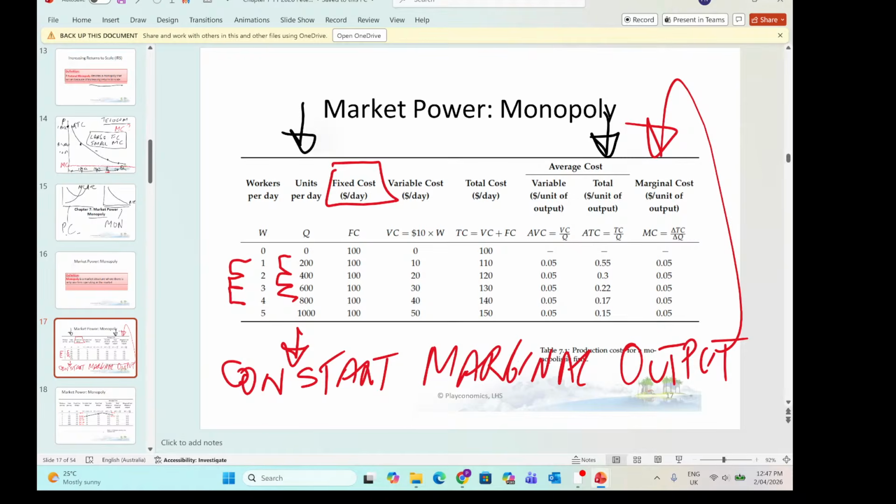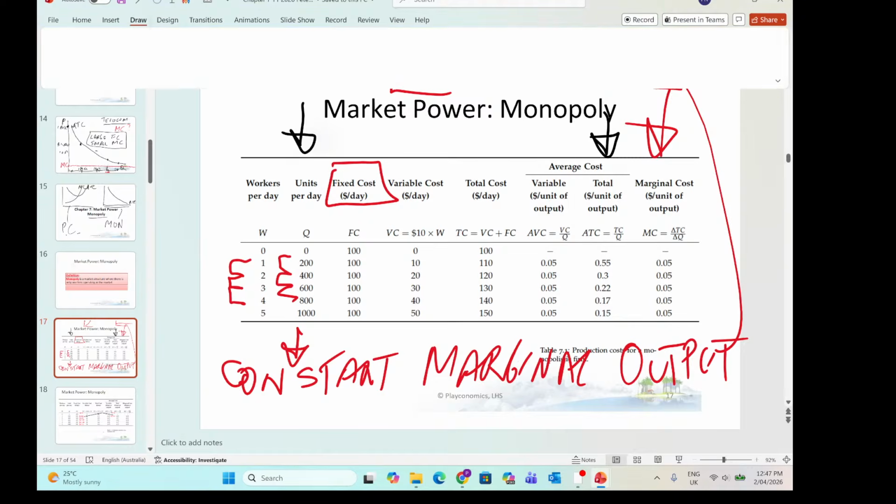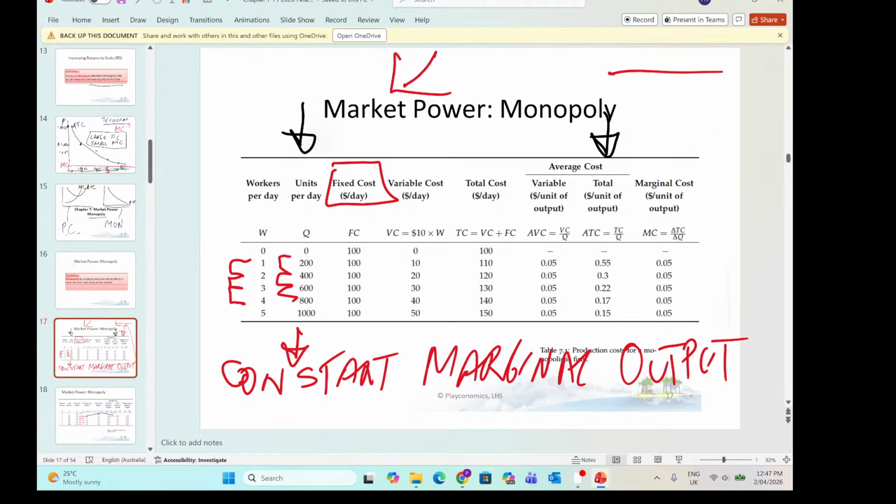But as I said to you before, in perfect competition, you have a marginal cost that goes up like so, but in monopoly, you have a constant marginal cost, 5 cents, 5 cents, 5 cents, 5 cents. That is the link between those two. The constant marginal output leads to the constant marginal cost. In any case, I'm going to clean this bit of writing up.